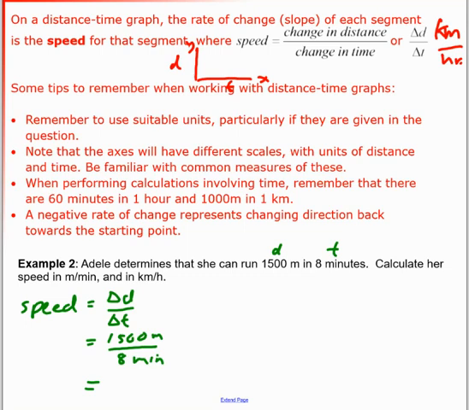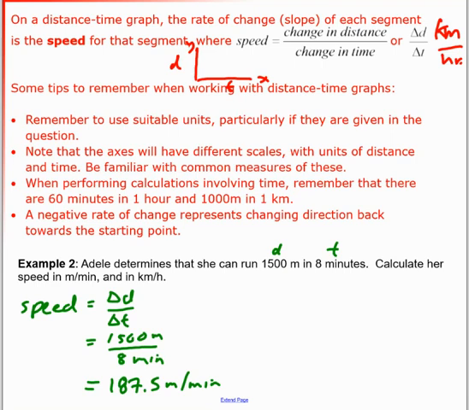So type that into your calculator, and we have 187.5 meters per minute. Okay, so that is a good way of doing it.